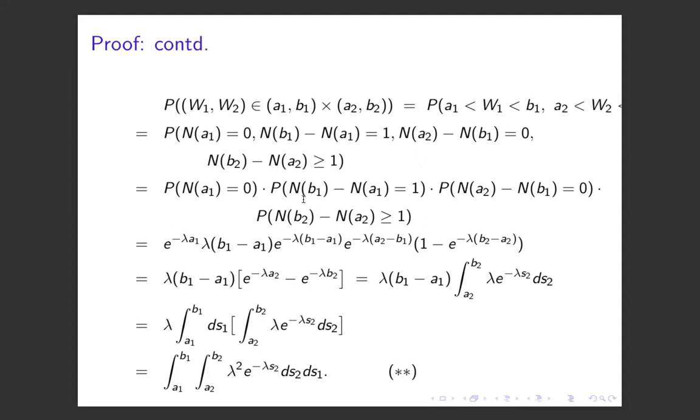And from that same result, we know that N(B1) minus N(A1) has a Poisson distribution with parameter lambda times (B1 minus A1). And that random variable taking the value 1 has probability precisely lambda times (B1 minus A1) multiplied with e to the power minus lambda (B1 minus A1). And similarly here, it is this.